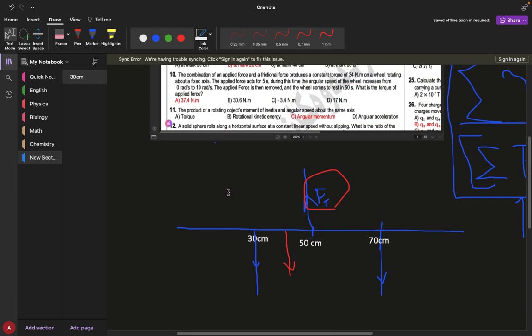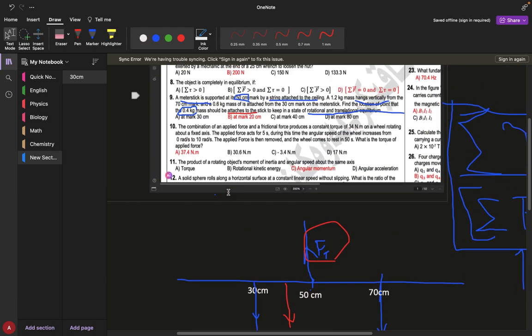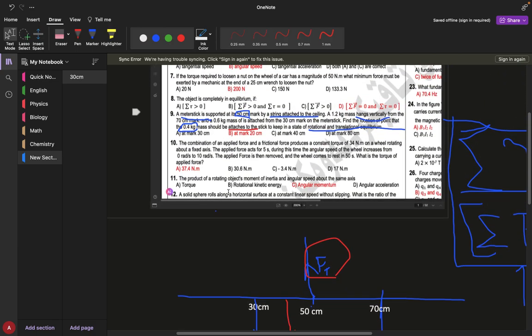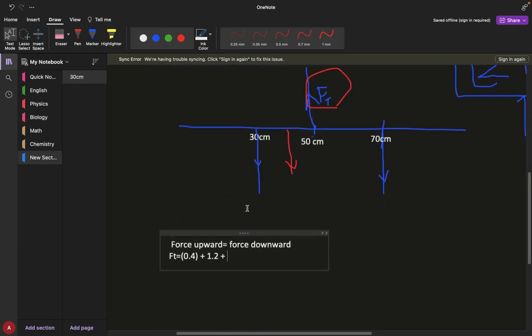Plus 1.2 plus 0.6. Now let's calculate all of that. So 0.4 and 0.6, that's 1, plus 1.2, that is 2.2. Now 2.2 as in mass.